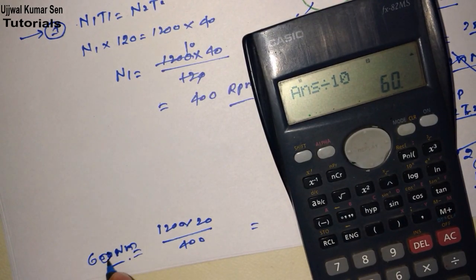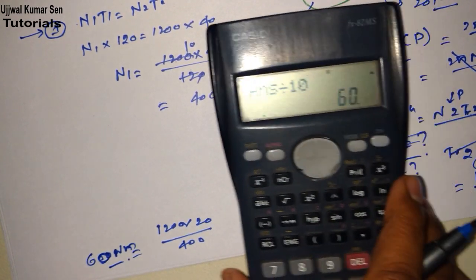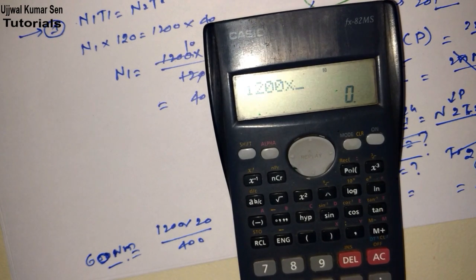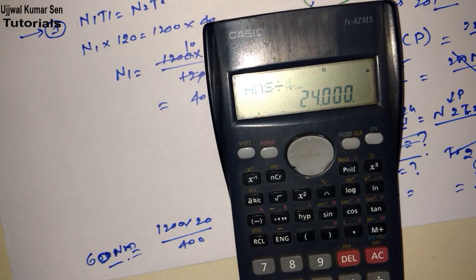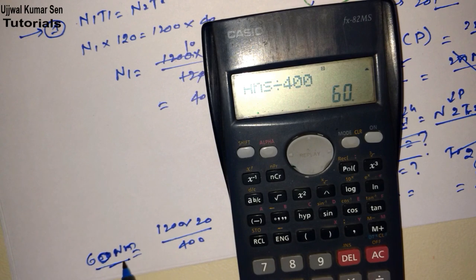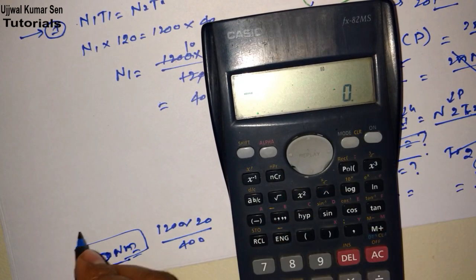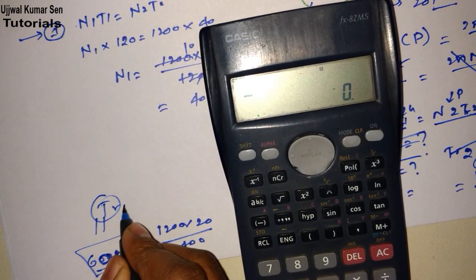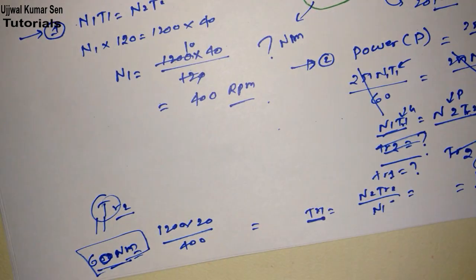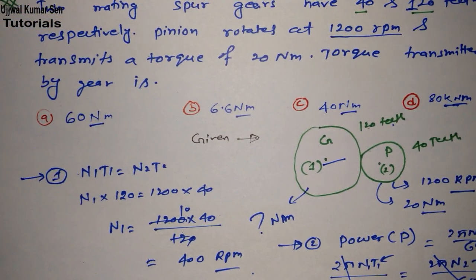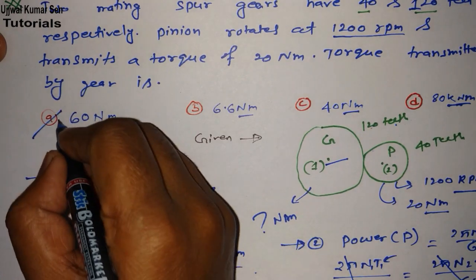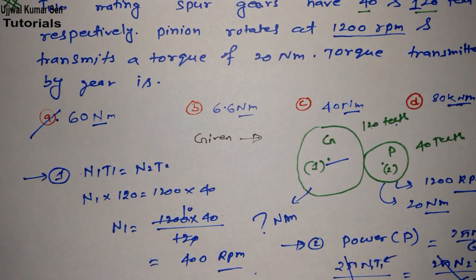So we are getting 60 Newton meter. Let me show you again, 1200 multiplied by 20 divided by 400 is equal to 60. So it's 60 Newton meter torque we are getting here, that is for the gear. So where is the option for 60? Yeah, option A is the right answer for this question.